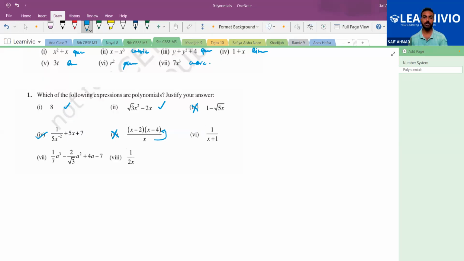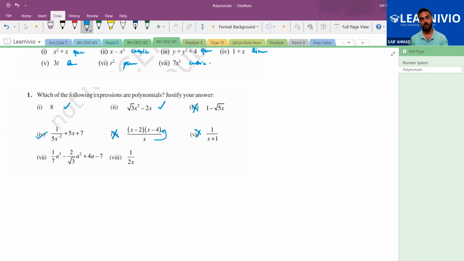Sixth one, Nokia? It is not a polynomial, because x is in the denominator, and when we take it into the numerator, it will become negative. Seventh one, Lokia?